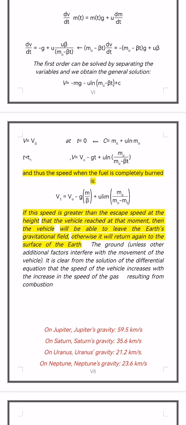If this speed is greater than the escape speed at the height that the vehicle has reached at that moment, then the vehicle will be able to leave the Earth's gravitational field.